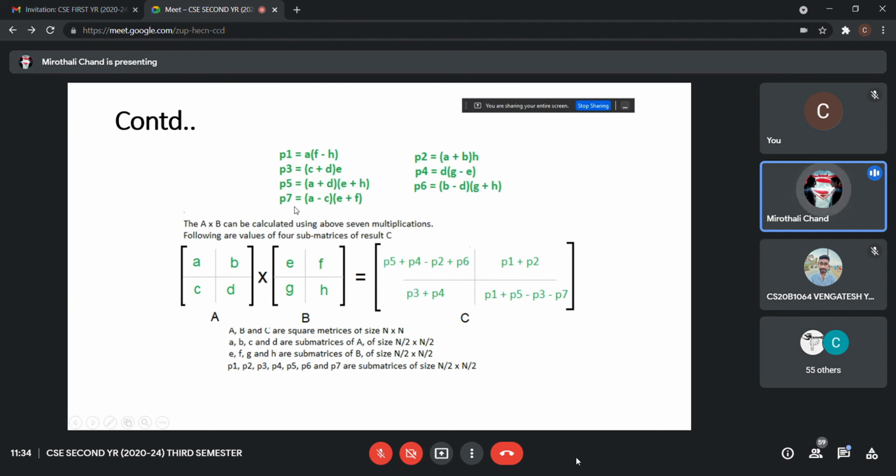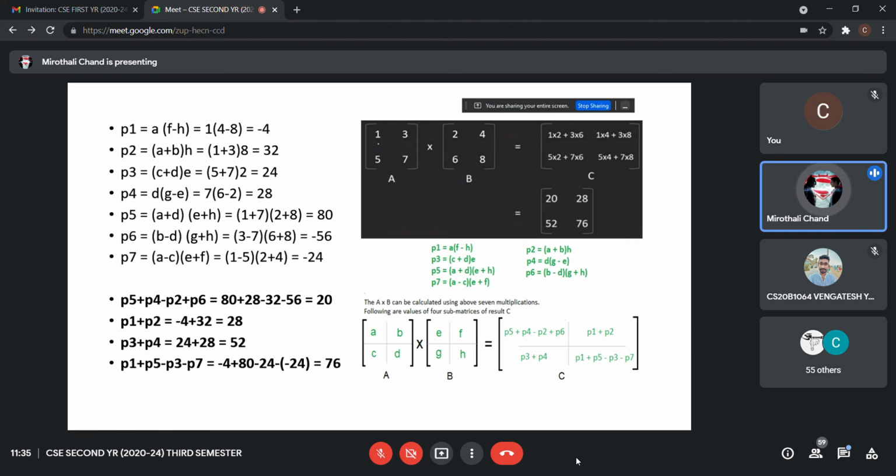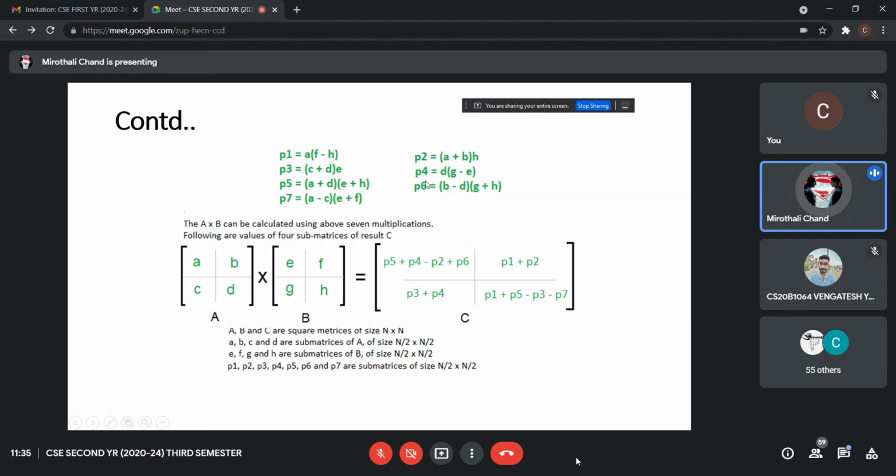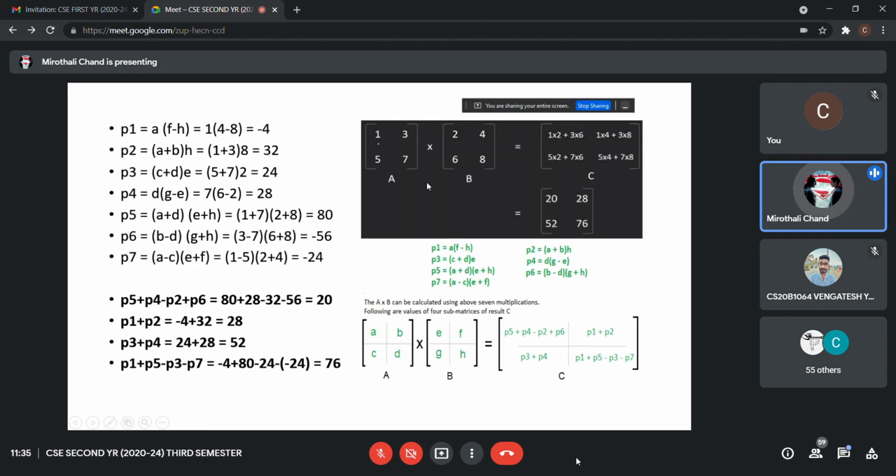Here, one recursive call is reduced, so only P1 to P7, 7 recursive call operations, are done. So the time complexity is reduced here. When calculating using this formula also, we will get the same solution only. But in order to reduce the time complexity, we follow Strassen's method.